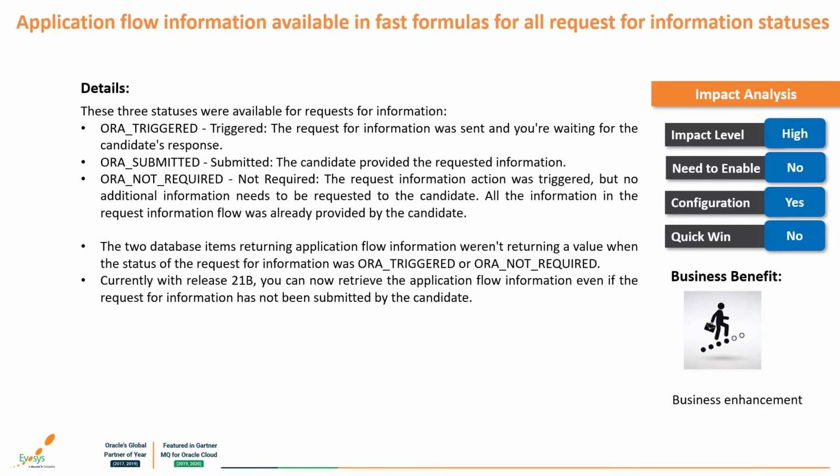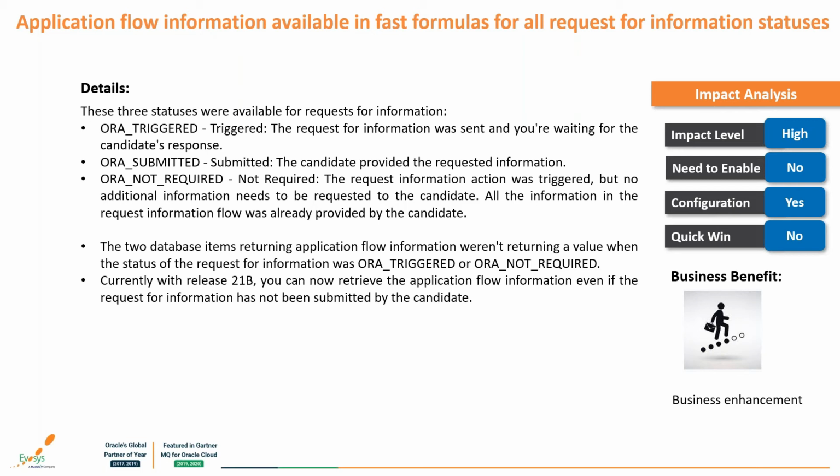The first one is application flow information available in fast formulas for all requests for information statuses. As you can see, the impact level is very high. This enhancement allows building fast formulas for the requisition. Basically, it has three statuses. The first status is ORA triggered.